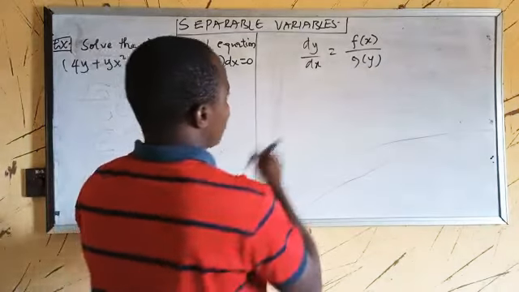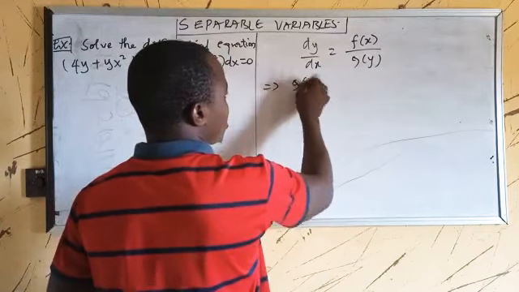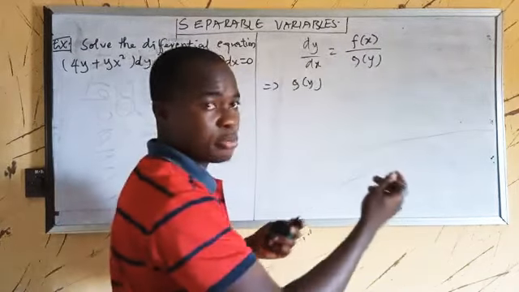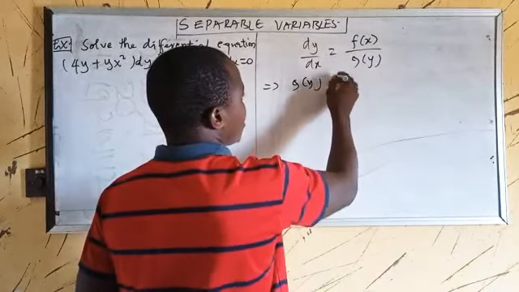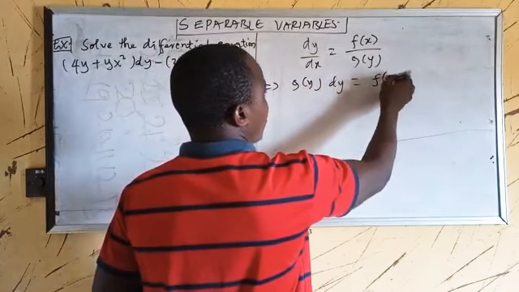That is, from here we can have g(y). We cross multiply, and we have g(y) dy = f(x) dx.